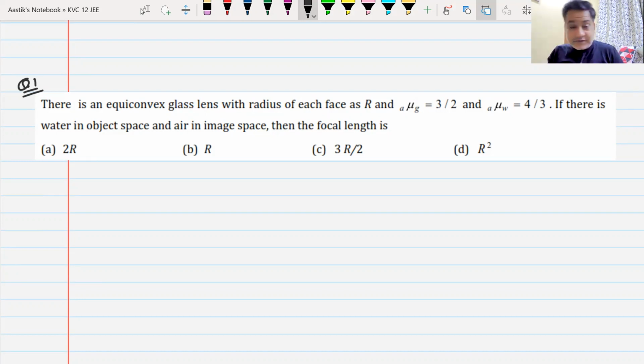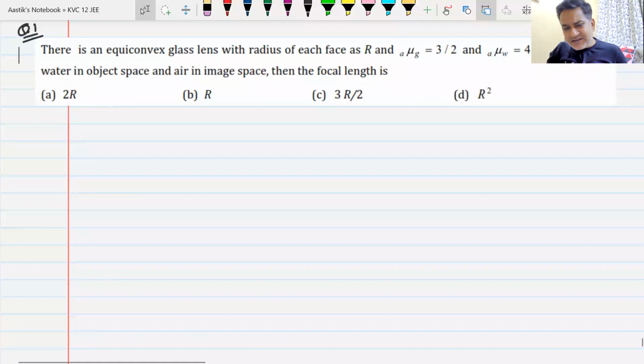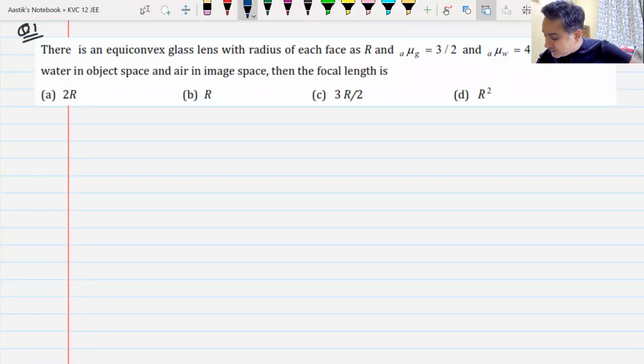If I draw this one, you might encounter a question like this in JEE Main, and it can also come in JEE Advanced. What is happening here is that I don't have the same medium on both sides.